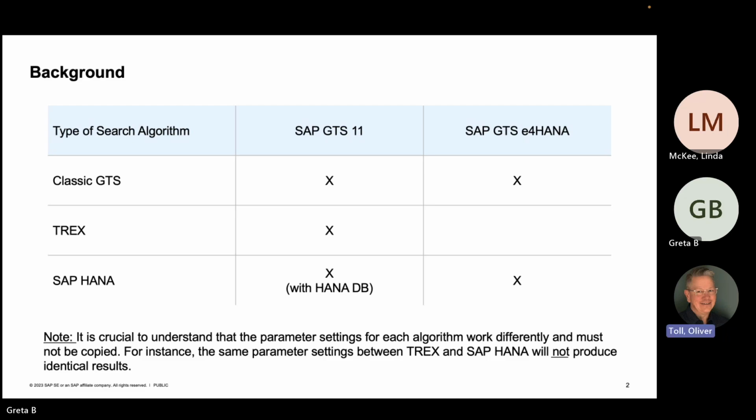We want to clearly point out that each of the search algorithms works a bit differently and must not be copied when moving from one to another. Once you apply the same parameter settings as with T-Rex, for example, GTS will produce a different outcome and you may raise questions about its reliability.